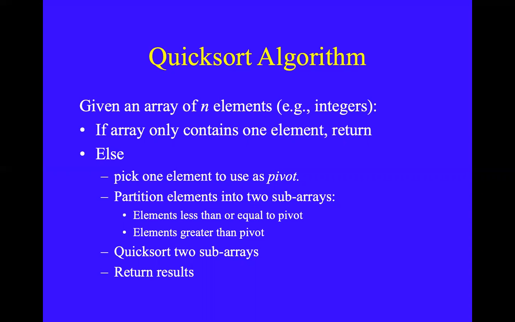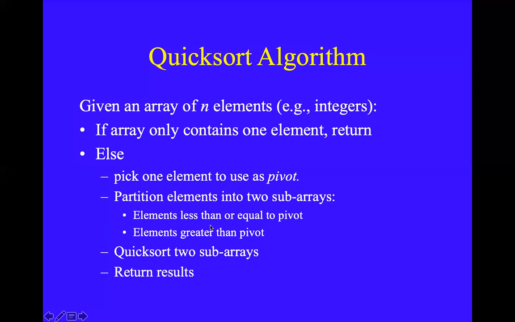So in the quicksort algorithm, there will be an array of n elements. Those are integers. If the array only contains one element, there is no need for sorting, so just return it. Else, pick one element to use as a pivot, and partition the elements into two subarrays. How can we partition it?